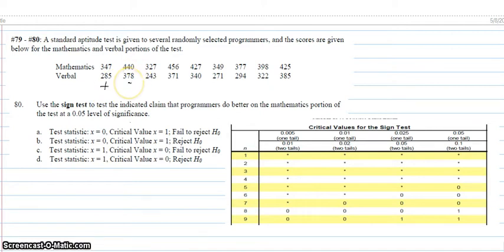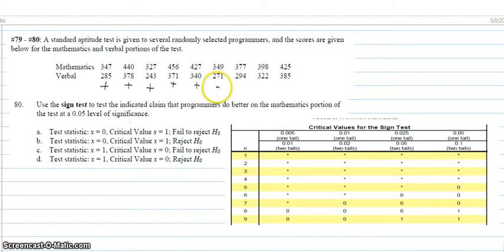Mathematics is 440, verbal 378. Another plus sign. Mathematics is 327, verbal 243, plus sign. Mathematics is higher. Mathematics 456, verbal 371, plus. Mathematics 427, verbal 340, plus.